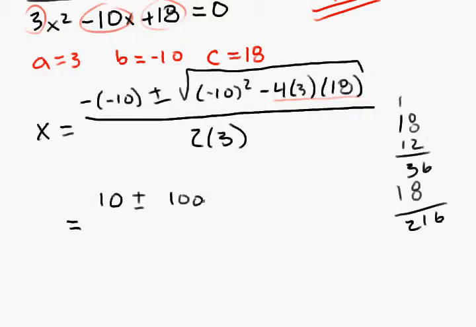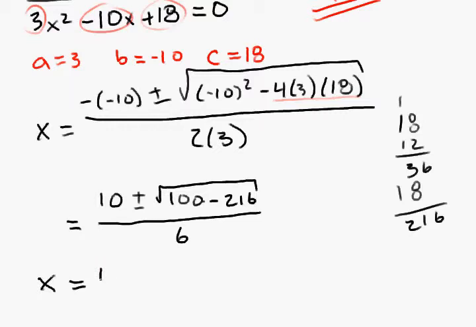Minus 216, okay. And we're going to divide it by 6. So the result will be x is equal to 10 plus or minus the square root of negative 116, divided by 6. Yes, this is less than 0.